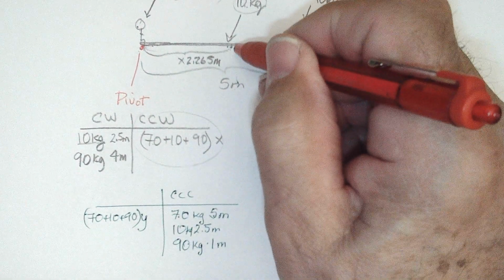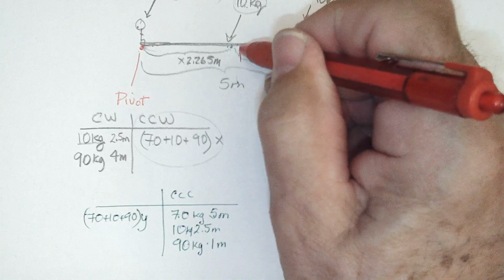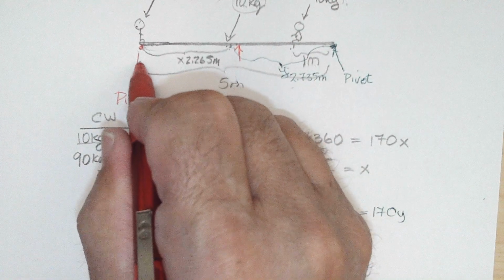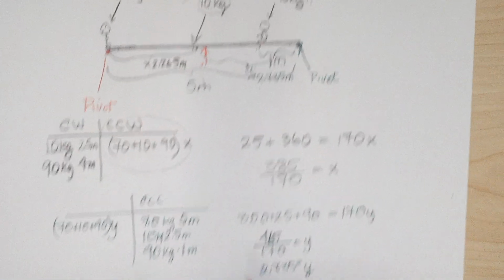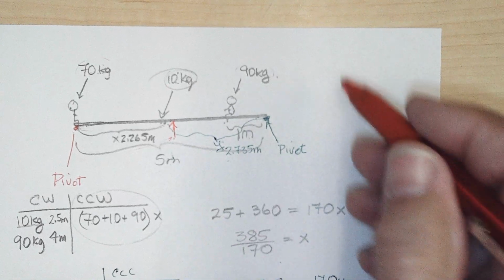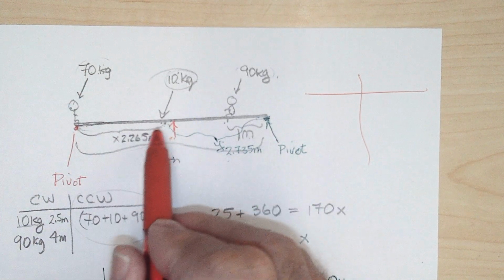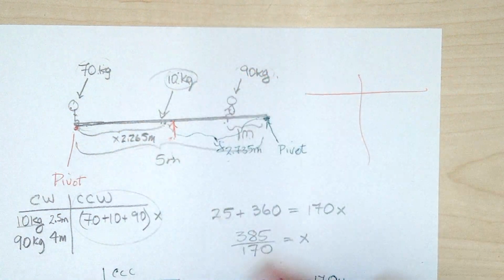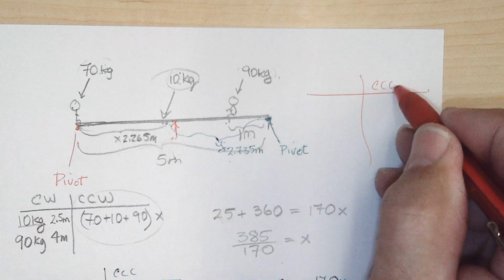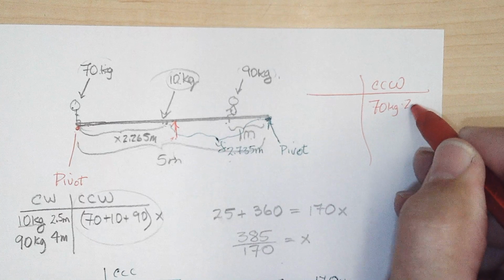And I'm going to do it one more time. Let's say we put the pivot point somewhere in the middle here. How about we think it should be right at the middle? So we're thinking of it as being 2.5 from this end. I'll do it over here. That way, the 70 is 2.5 from here and causing it to go counterclockwise, times 2.5.